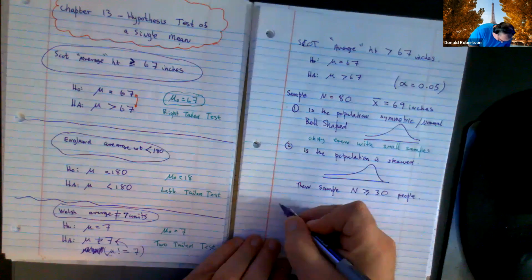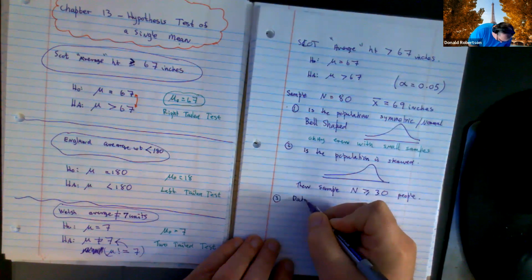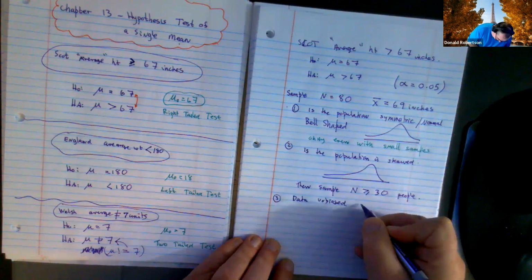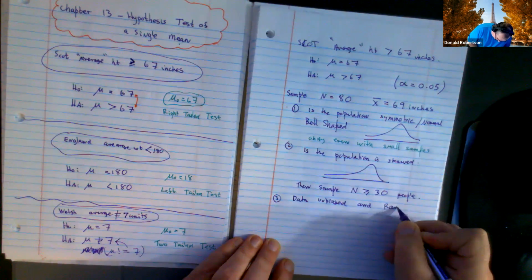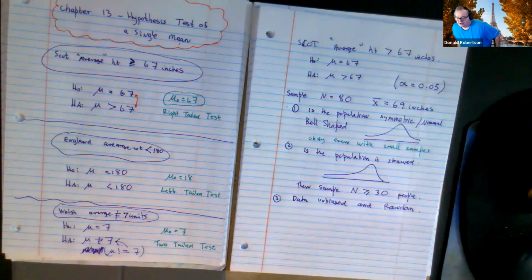3, shouldn't the data be unbiased and random? Right, so you don't want biased data. Well, how could you get biased data?